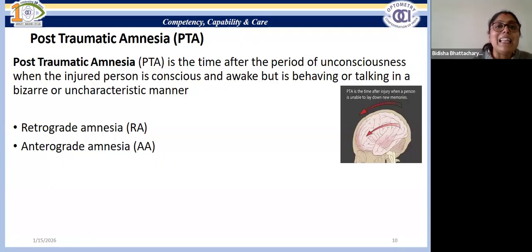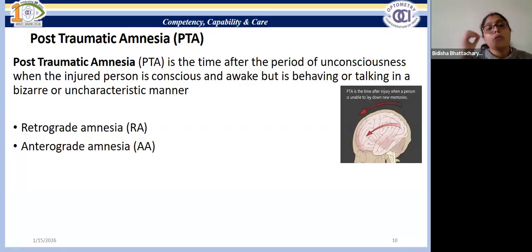So what exactly is PTA? Post-traumatic amnesia is a state of confusion that occurs immediately following traumatic brain injury in which the injured person is disoriented and unable to remember events that occur post-injury.